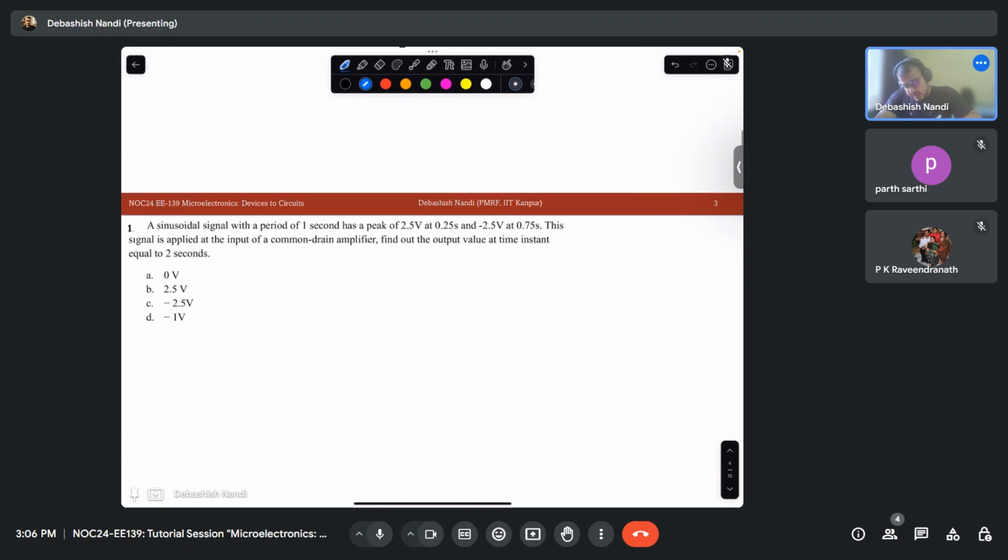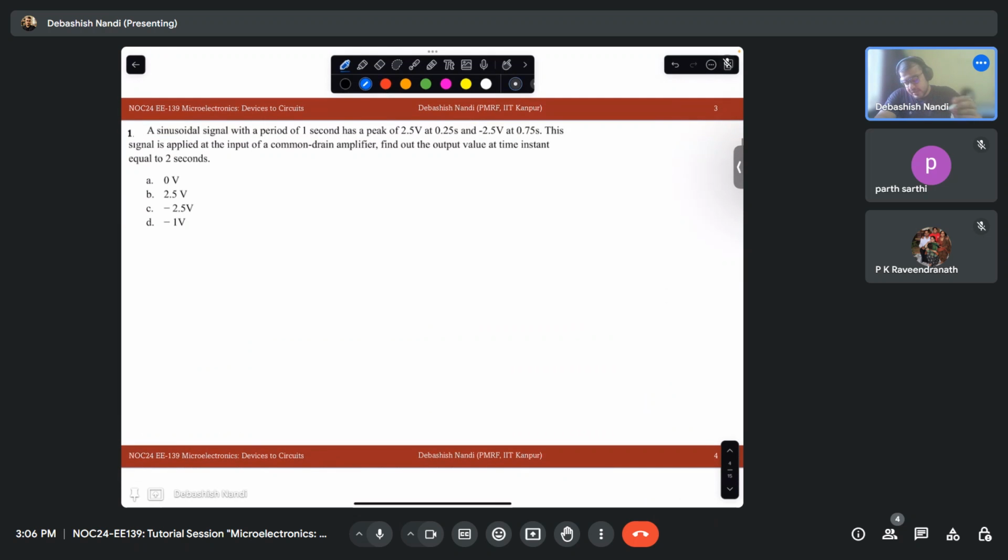It is asked that a sinusoidal signal with a period of 1 second has a peak value of 2.5 volt at 0.25 second and minus 2.5 volt at 0.75 second. So let us draw the signal.